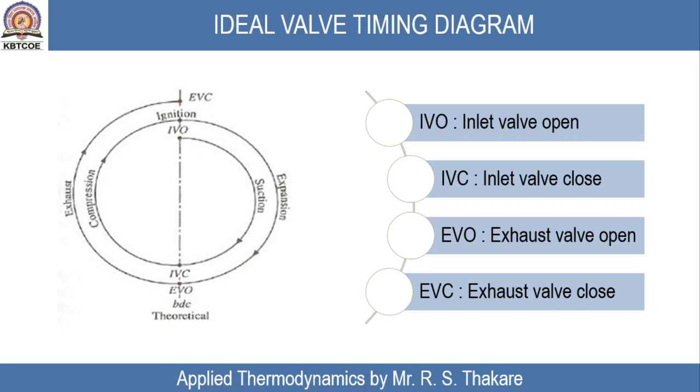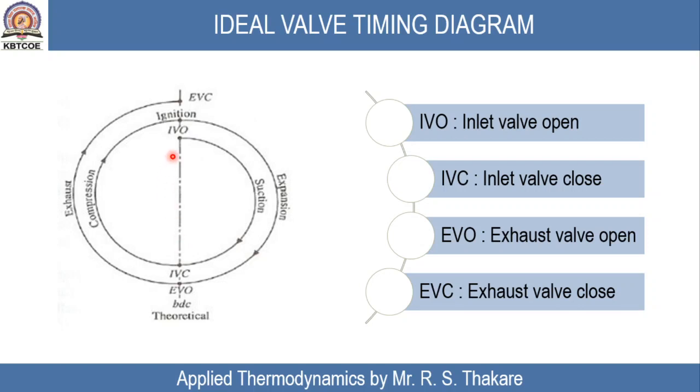Whenever there is a suction stroke, there will be 180-degree rotation of the crankshaft. Whenever there is a compression stroke, there is 180-degree rotation of the crankshaft. In this way, for every 180-degree rotation there will be one stroke, so 4 strokes are completed by 2 revolutions of the crankshaft.